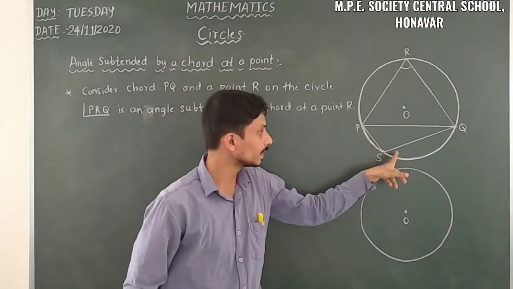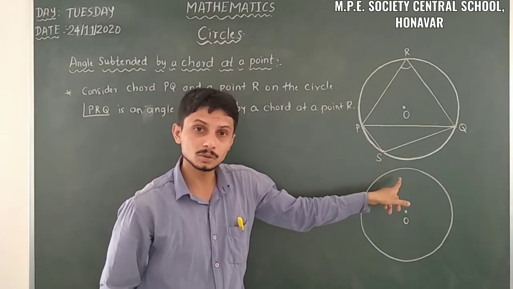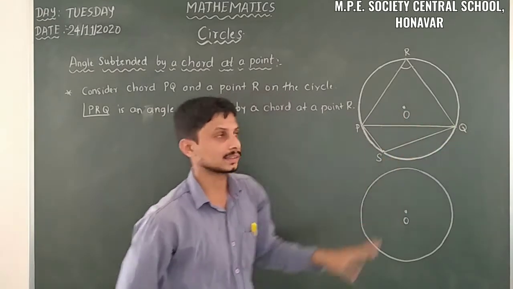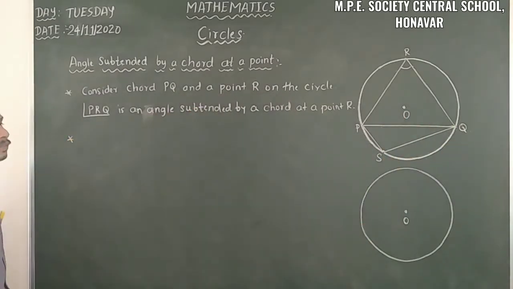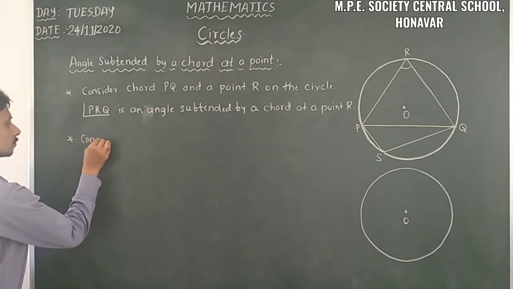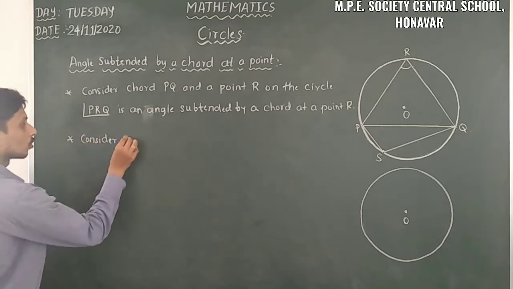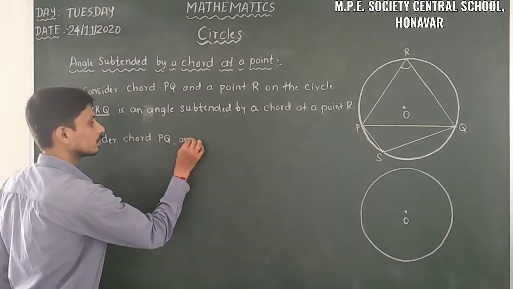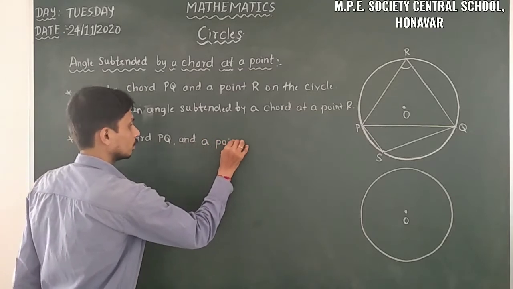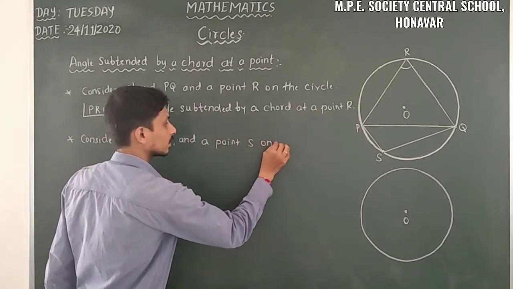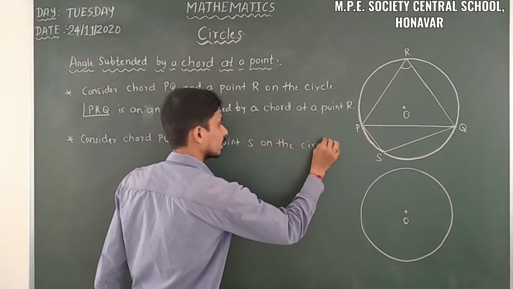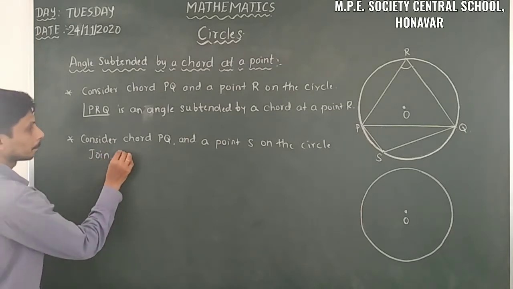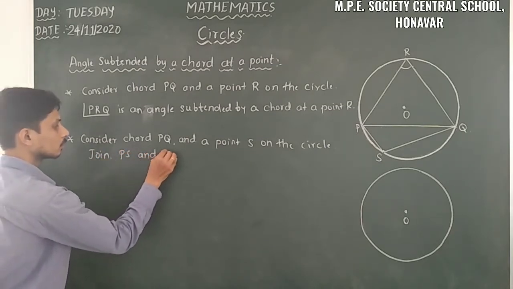So angle PSQ is an angle subtended by the chord PQ at the point S. That is, consider chord PQ and a point S on the circle, and join PS and QS.